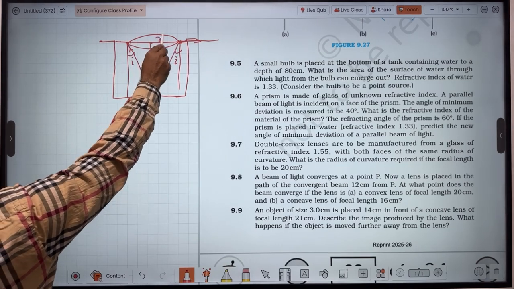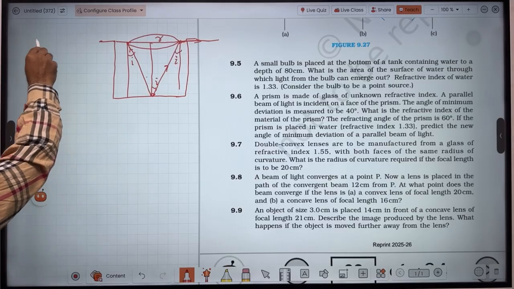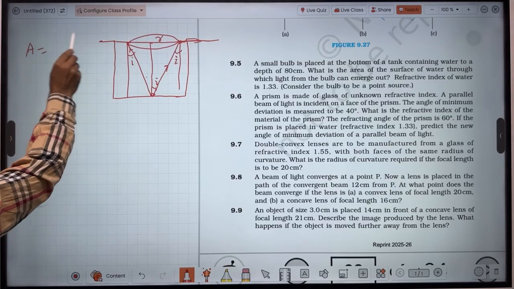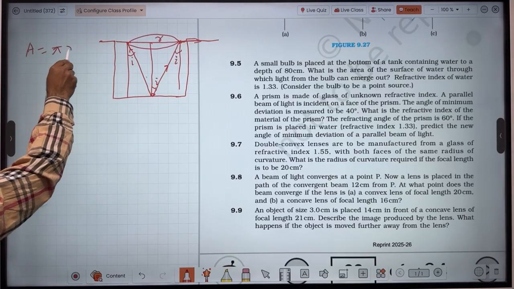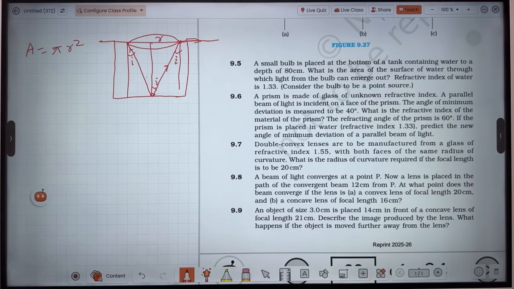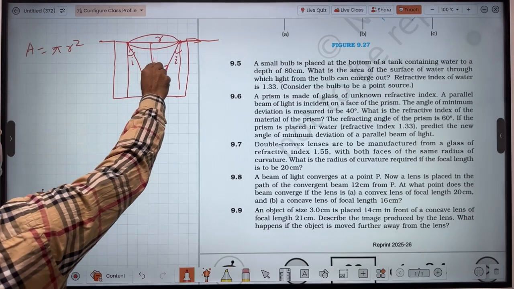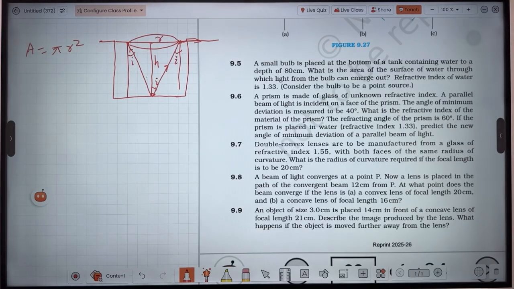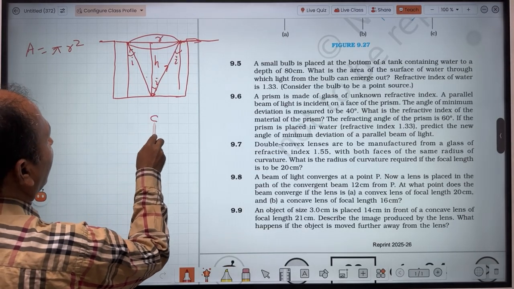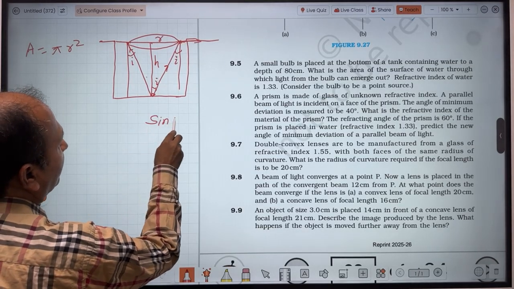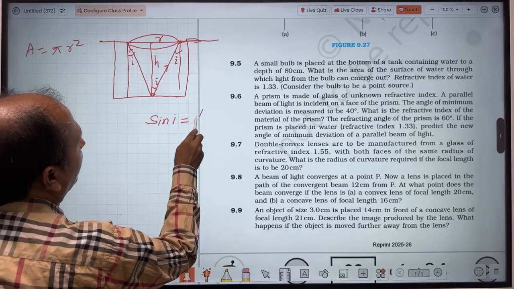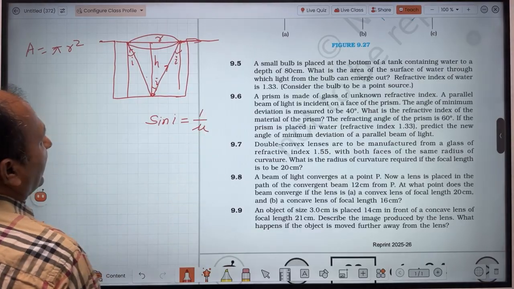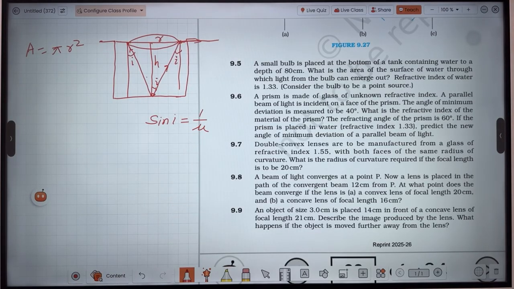So suppose this is R. We have to find out the area of this circular portion, pi r square. And here this is the height. The basic concept that we know is sin I is equal to 1 upon mu, where mu is the refractive index of the liquid.